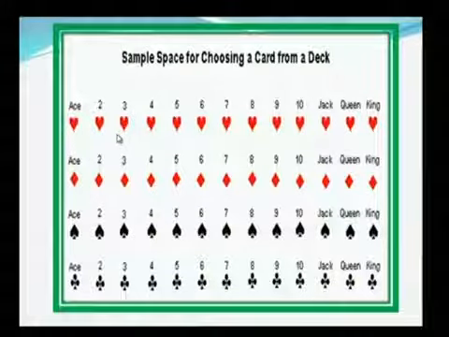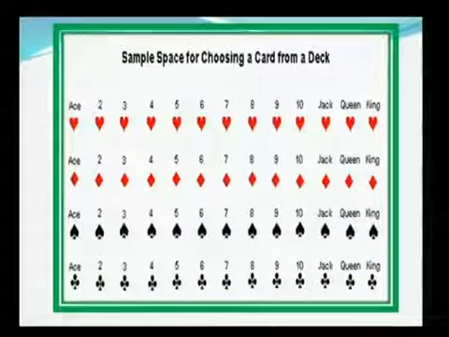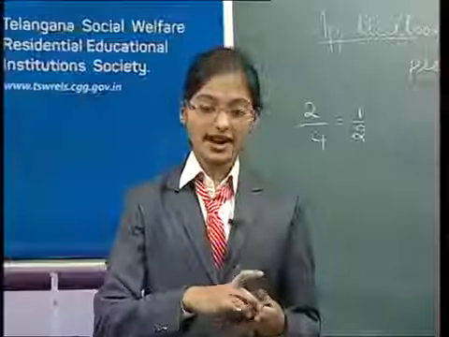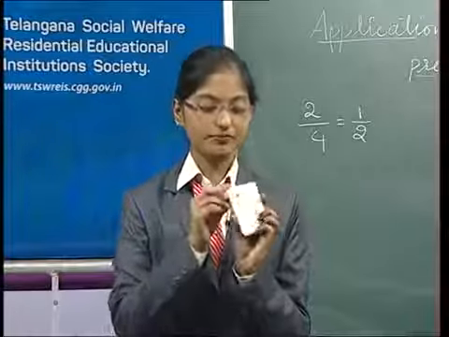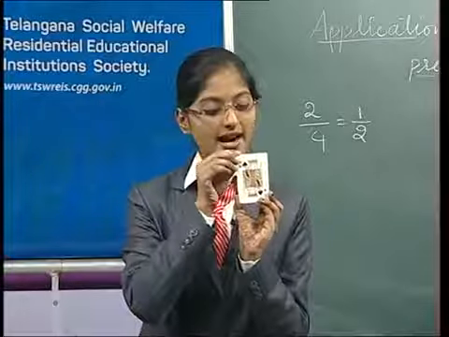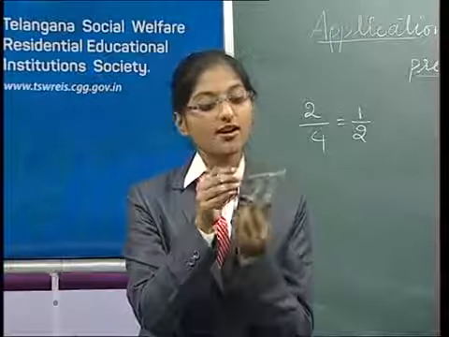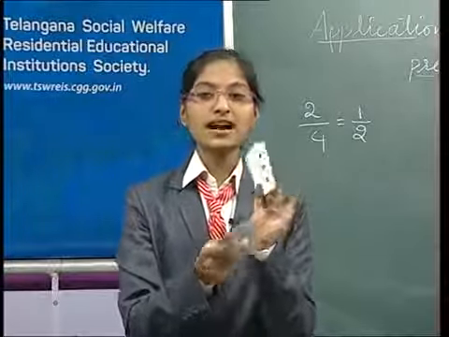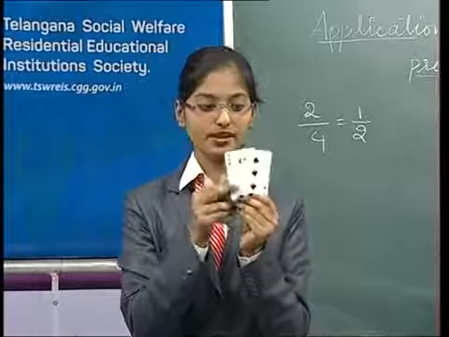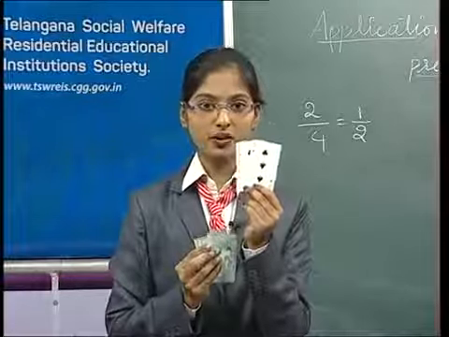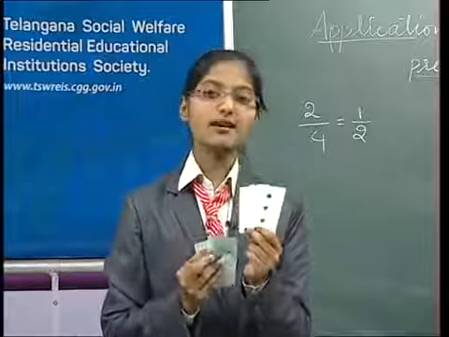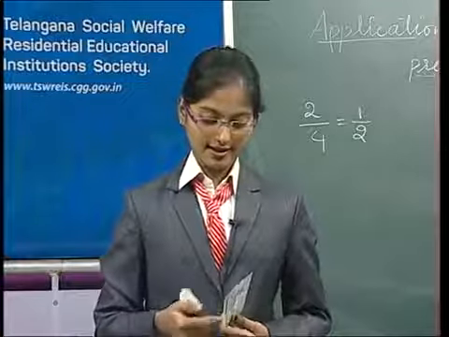So, I would like to show you here the cards which have faces. The cards which have faces on them are face cards. Then the cards which have numbers, where we can see the number on the card, are called number cards.